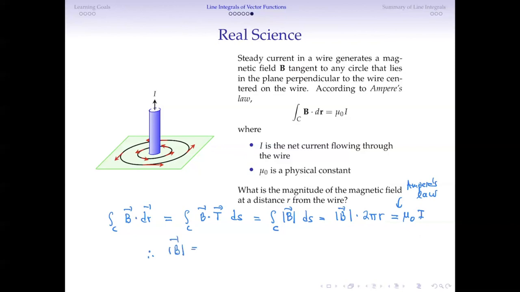It says the magnitude of the magnetic field is the physical constant times the current flowing over 2 pi r. In other words, the field strength falls off like 1 over r as you move away from the wire, which makes a certain amount of physical sense. So this is an example of how line integrals get applied in physics.